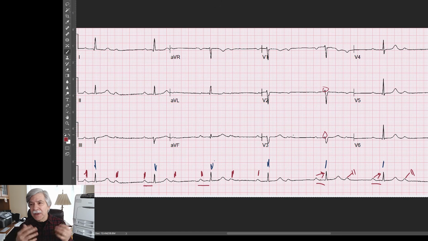So if you had to give this a diagnosis, would you call it first degree, second degree, or third degree? That's easy, right? Remember the difference. In first degree AV block, every P wave conducts. It's just that the PR interval is longer than 200 milliseconds. In third degree AV block, none of the P waves conduct.